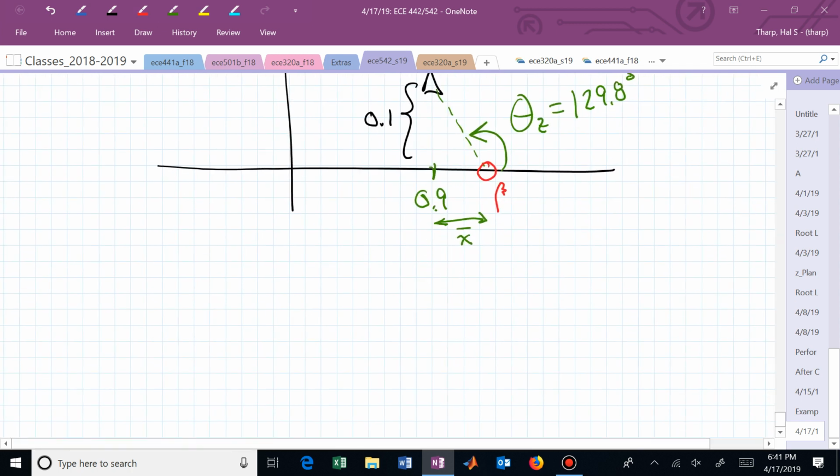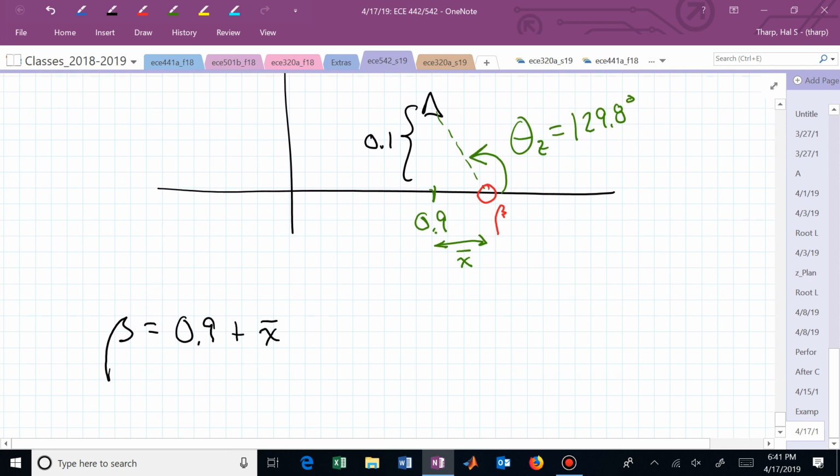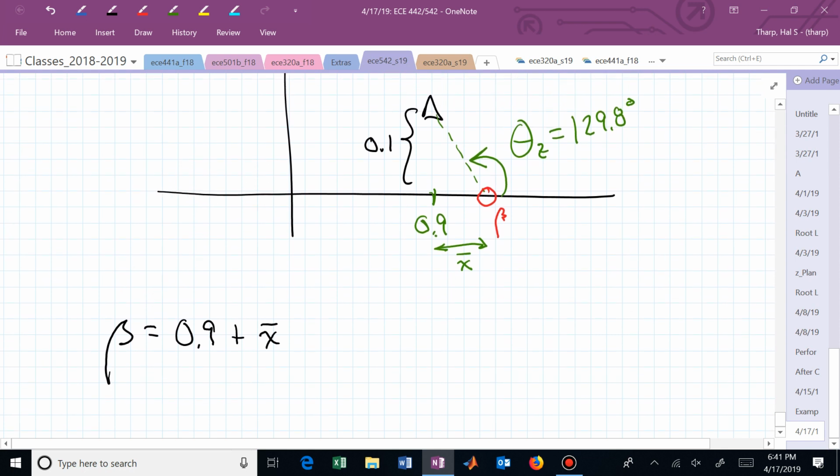In this case, beta is 0.9 plus x bar. And what's x bar? Well, that's just what I said before. Can I now call this theta z bar for my acute angle?